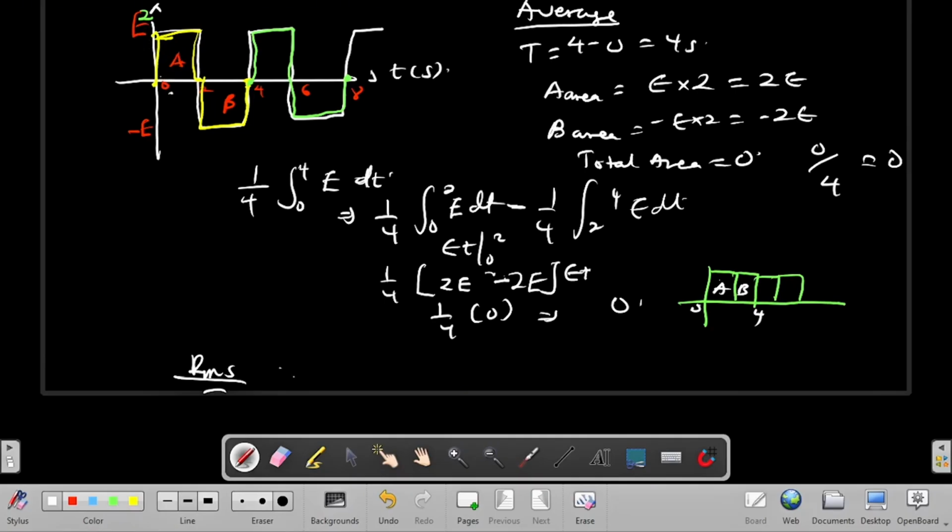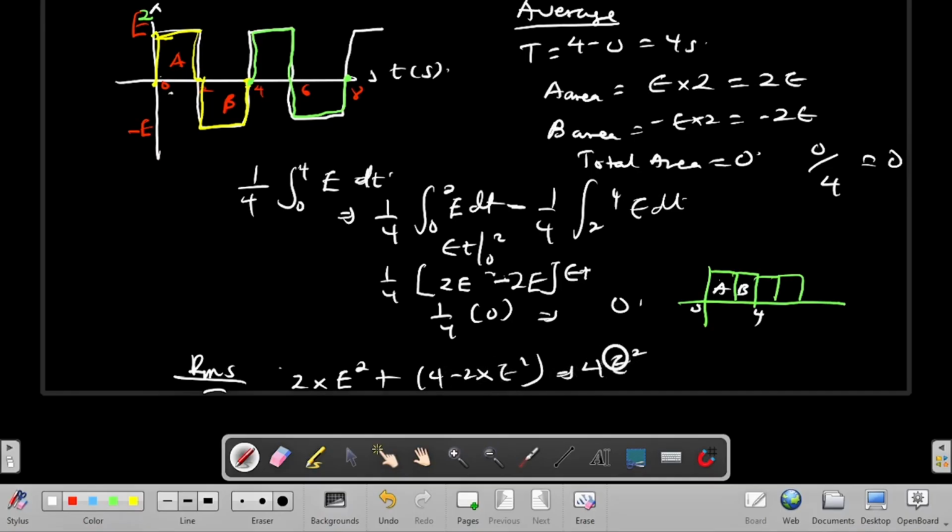Then for the RMS, for the B part, I'm going to have 4 minus 2 as my length, so plus 4 minus 2 multiplying E squared, right? So this ends up giving me 4E squared.